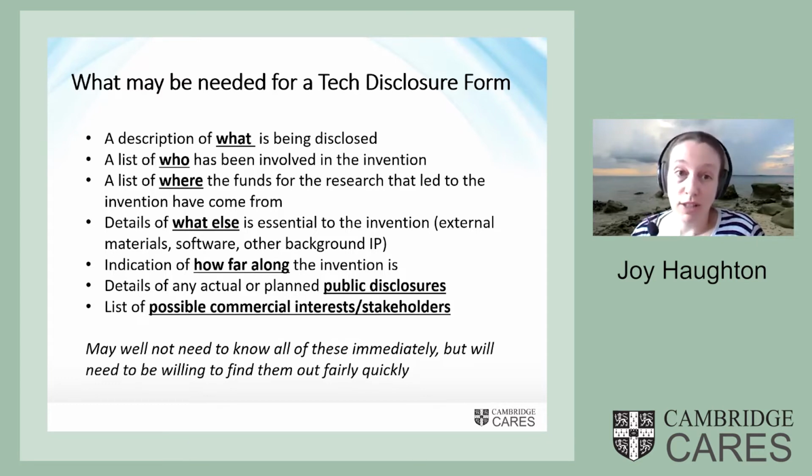So eventually, what you need is a description of what's being disclosed, and that description is not an academic abstract. Very, very often what we see when researchers try to fill in a tech disclosure form is we'll get what would be an absolutely beautiful, well-written abstract for an academic paper. That is not what's needed.